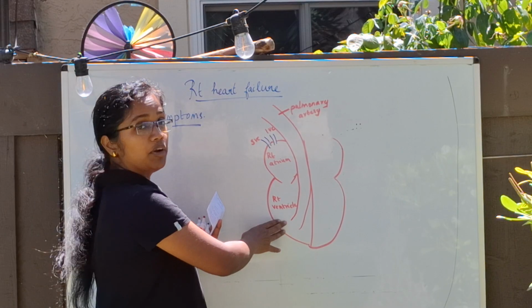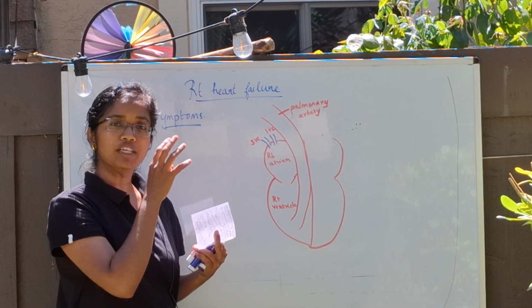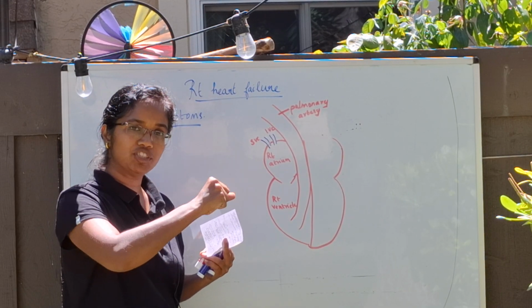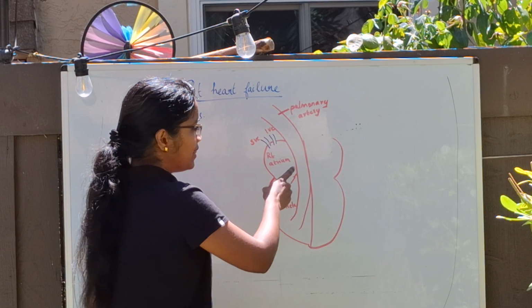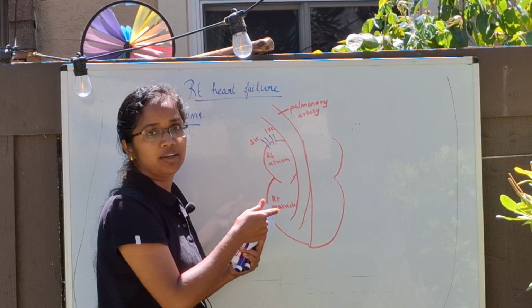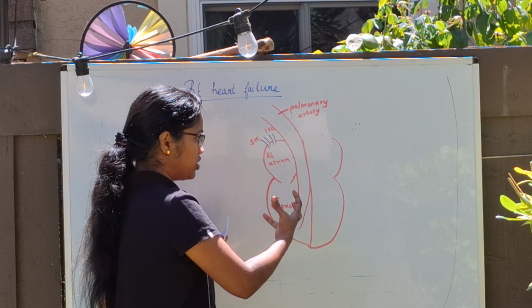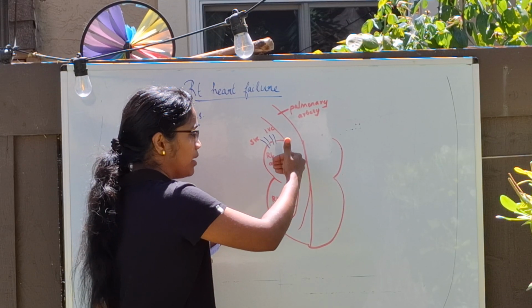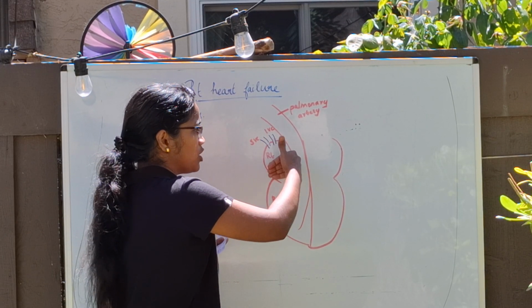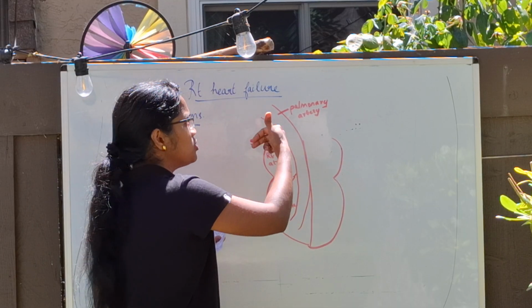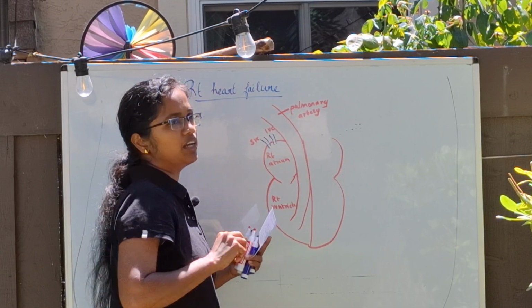So, when there is a right ventricular pathology, when the right ventricle is not able to pump blood efficiently into the pulmonary artery, then there is stagnation in the right ventricle, isn't it? The pressure is transmitted to the right atrium, and the same pressure is transmitted to the SVC as well as the IVC.